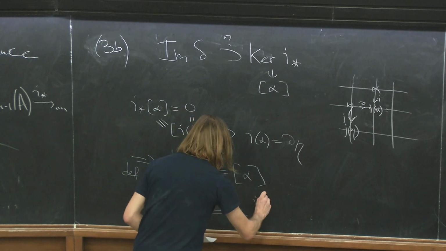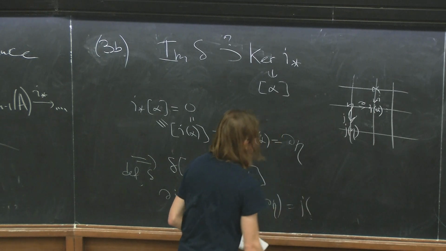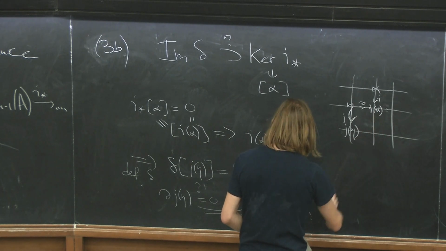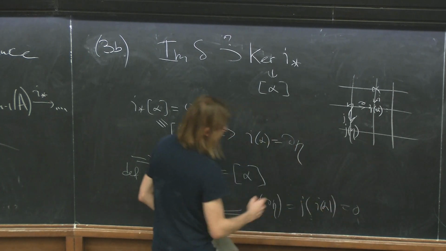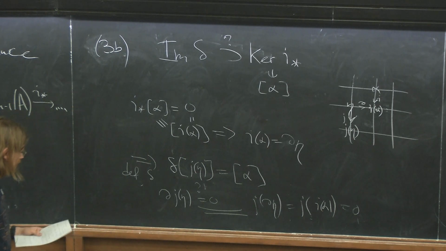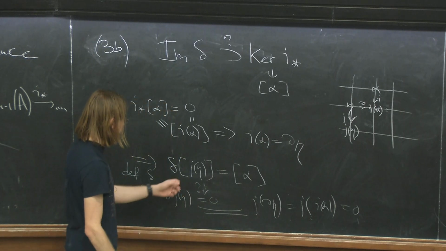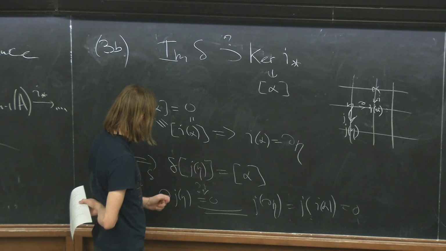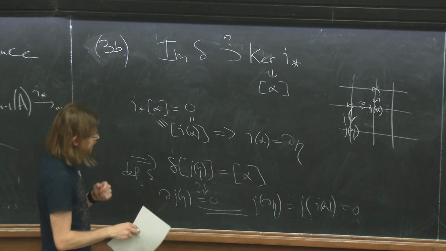This is the same as J of D of eta, which is J of I of alpha, but this is 0 because the composition of I and J is trivial. Indeed, J of eta defines some element in homology, and its class is sent by the map delta to the class of alpha.